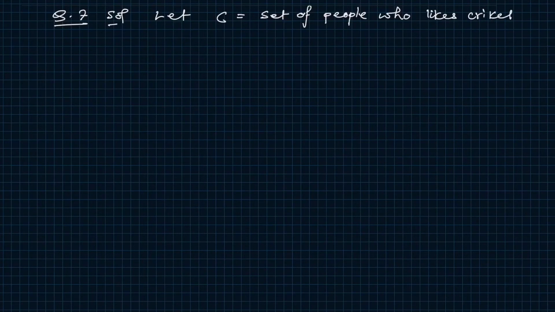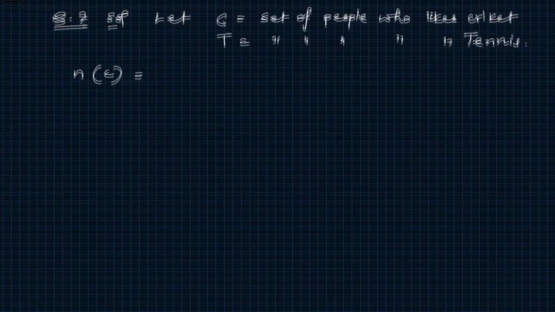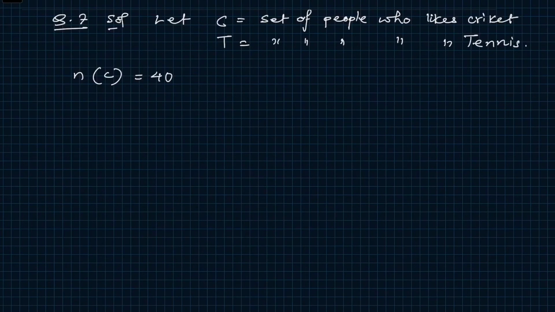Now question number 7. Let C be the set of people who like cricket, and T be the set of people who like tennis. So in this question, the number of elements in set C is 40 because 40 like cricket, and the number of elements in C intersection T, who like both cricket and tennis, is 10, and as it was a group of 65 people, C union T consists of 65 elements.